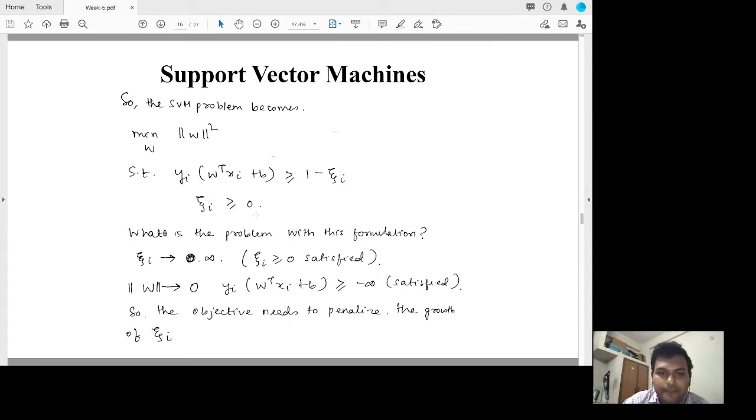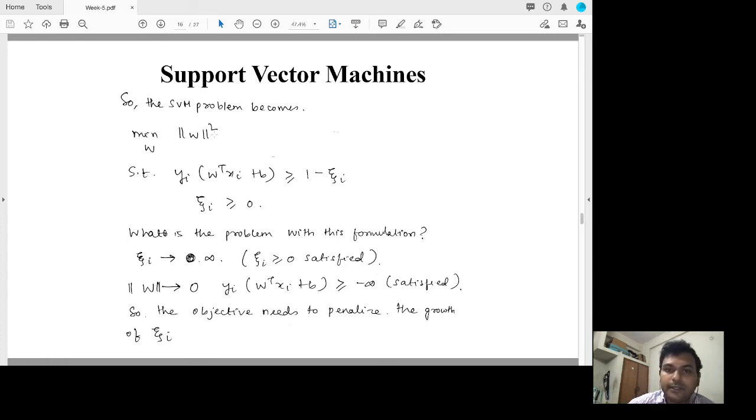So see, xi i can be greater than 0. For the minimization of the norm of W square, what is the minimum value that you can achieve?